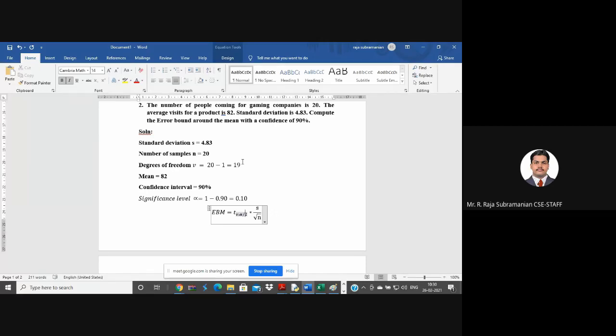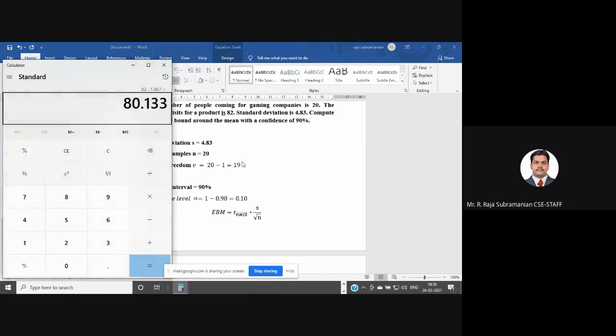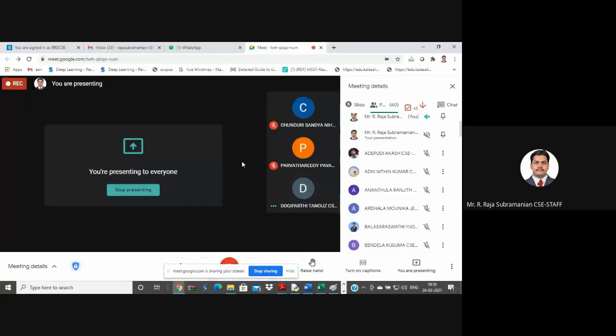No, the number of samples is not given, right? So you just say it cannot be computed. There will be options like accept, reject, or data not sufficient. You should be in a position to select not sufficient. Am I right? Yes, sir. So keep those things in mind.